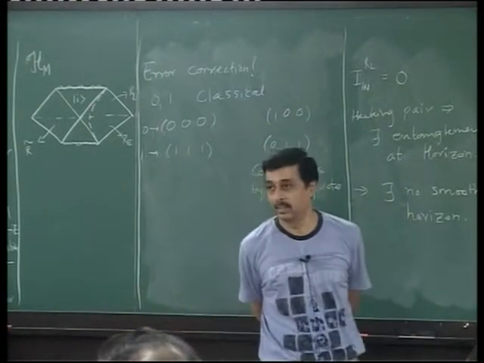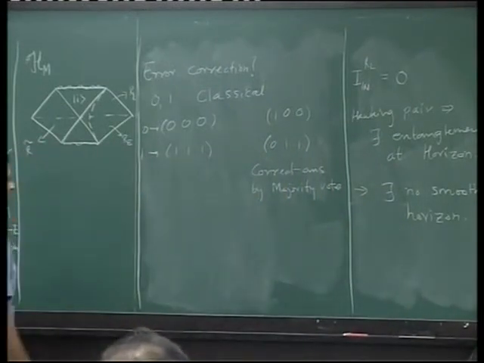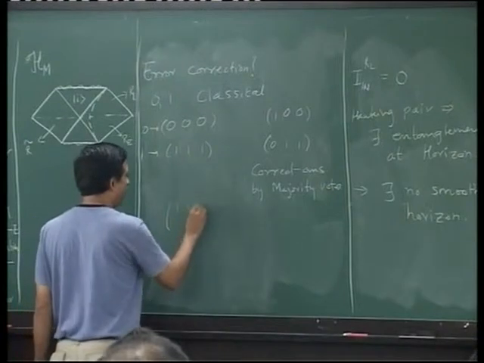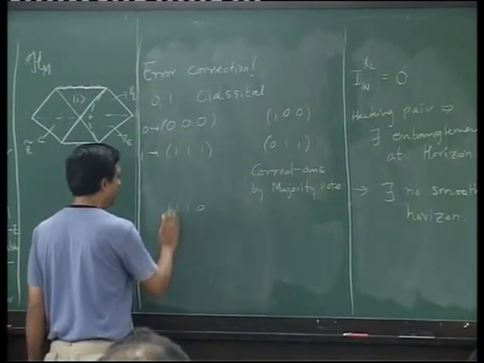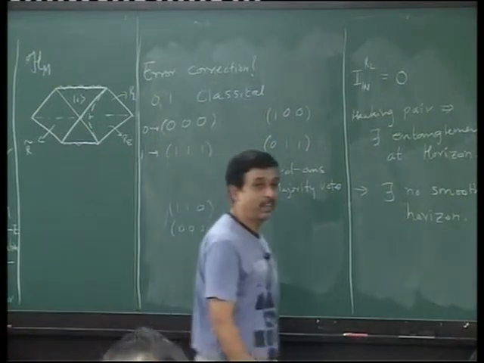Classical, yes. But what if 2 of them were wrong? Then there is a confusion, because if 2 of them were wrong, you would be in some state like this, and it is not clear which one is correct and which one is wrong.